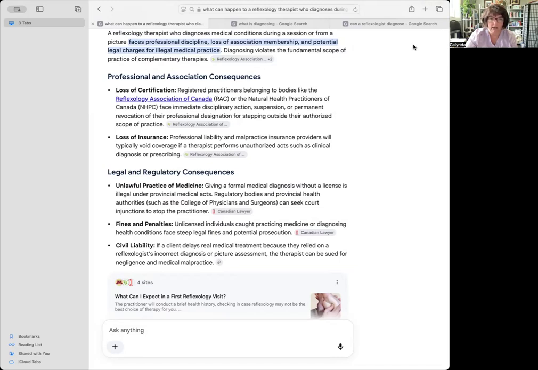Unlicensed individuals caught practicing medicine or diagnosing health conditions face steep legal fines and potential prosecution. Civil liability. If a client delays real medical treatment because they relied on a reflexologist's incorrect diagnosis or picture assessment, the therapist can be sued for negligence and medical malpractice. None of that is fun.